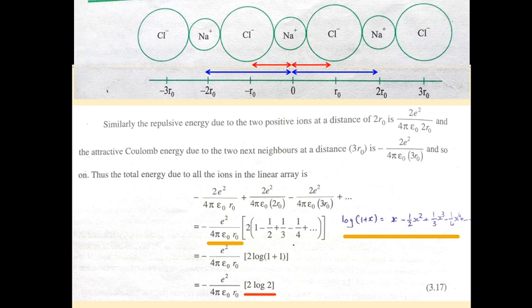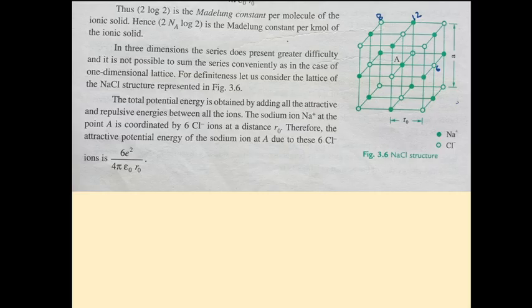But in general, the question would be shaped as: calculate the one dimensional Madelung constant as well as extend this model to the three-dimensional crystal. In that scenario, we need to extrapolate our one-dimensional model to the three-dimensional model, and it would be in the shape of something like this.